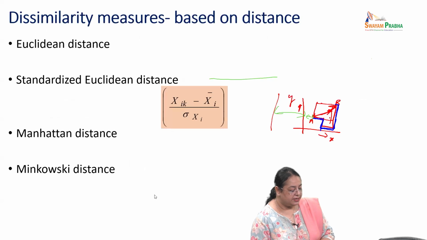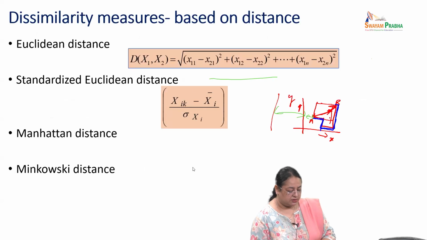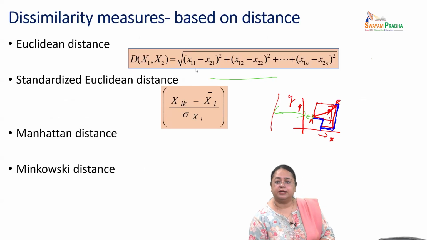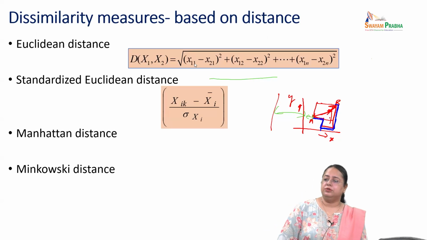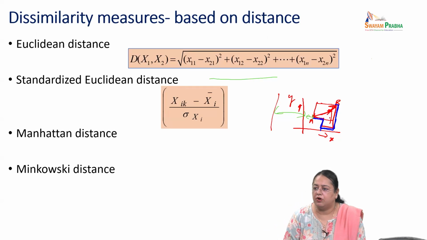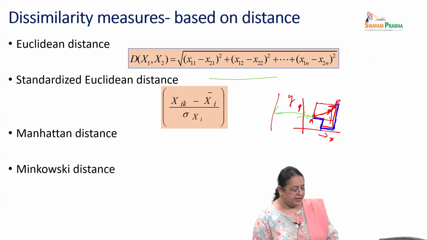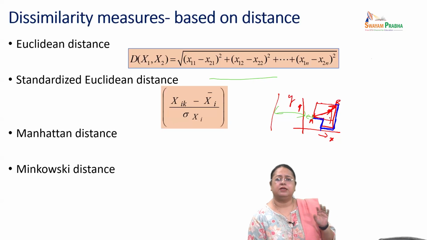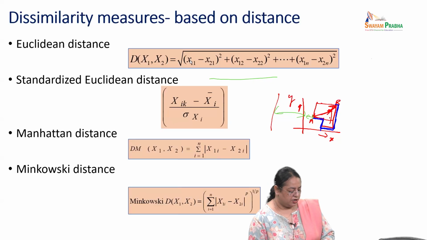We can use Euclidean distance, standard deviation. What is Euclidean distance? Two coordinates, squared, and the square root. Correct? We all know Euclidean distance. For now, we will say Euclidean distance or standardized Euclidean distance can be used to group it.